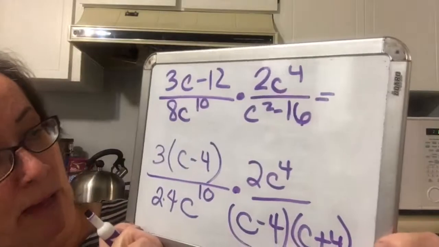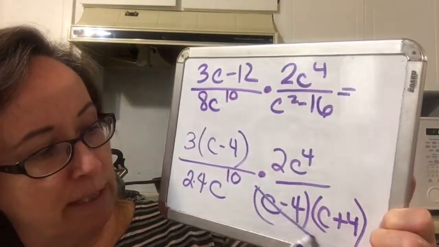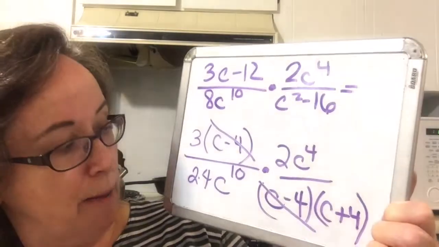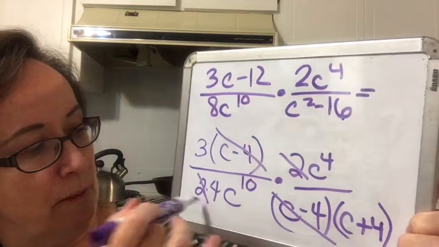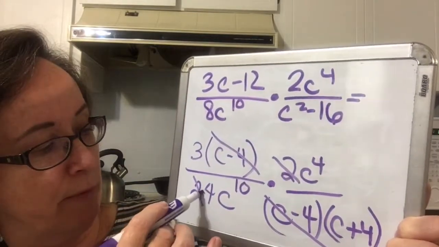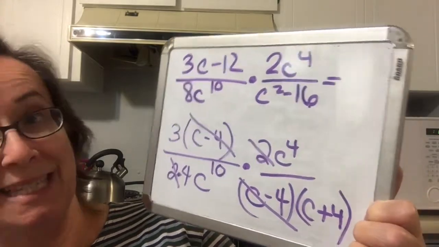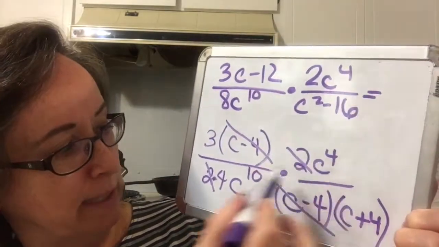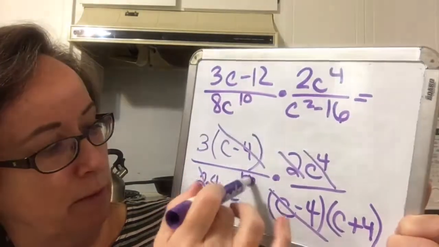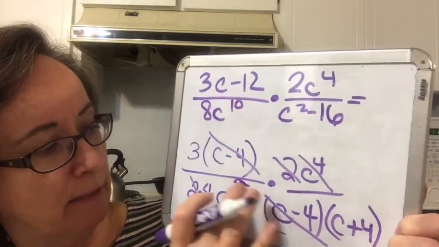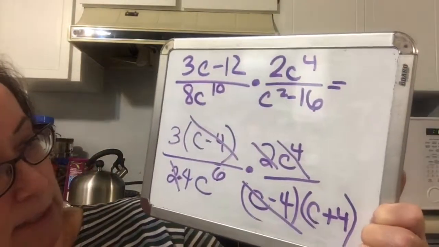So now I can cancel all of my like factors. So c minus 4 on the top, and then a 2 and a 2 on the bottom. That was a 2 times 4 if you can't see it there. And then I've got my c's. Since I have 4 c's here and 10 c's here, 4 c's will cancel out of both, leaving 6 c's.